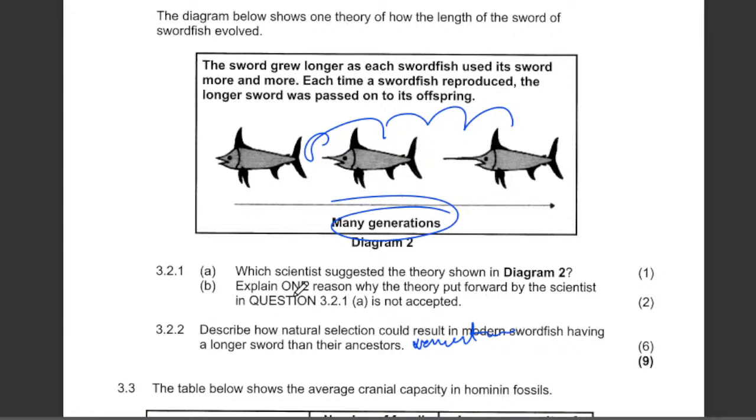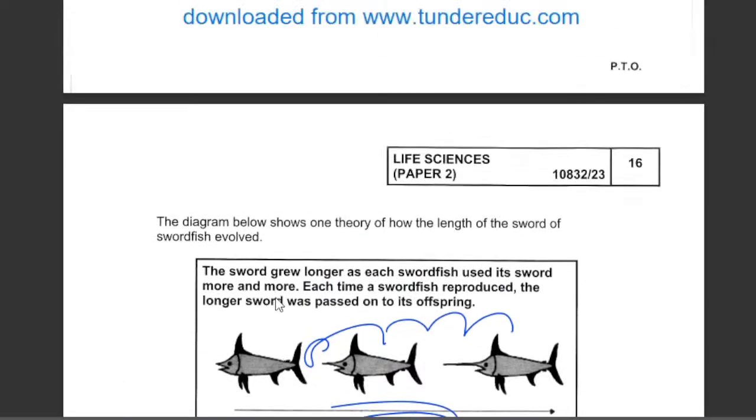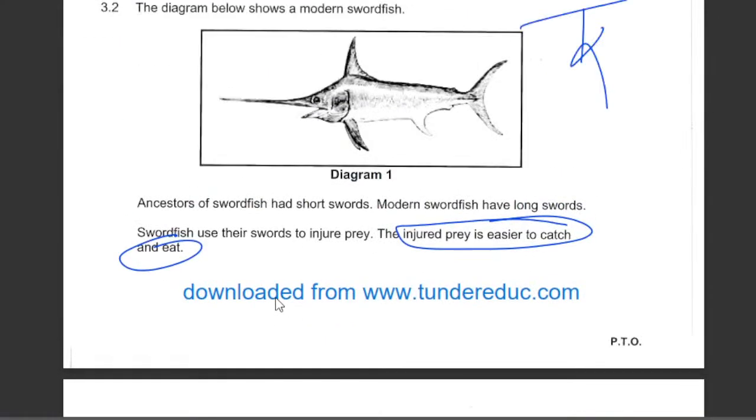Those with the long swords, what happened? They were able to kill the prey and catch it and also eat it.